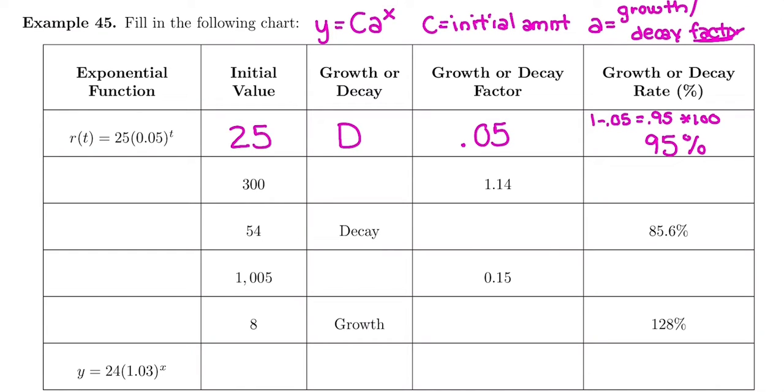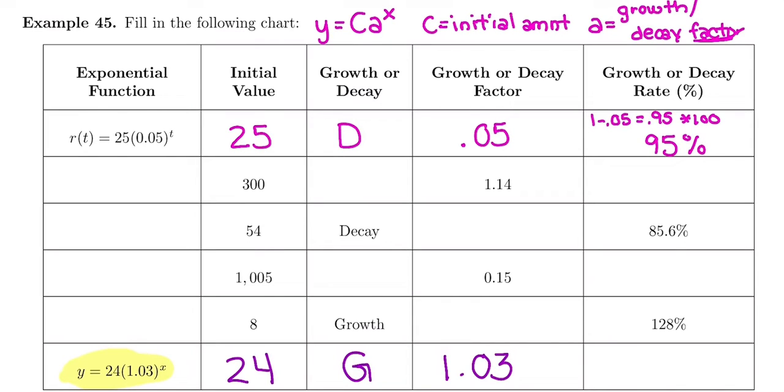I'm going to jump to this bottom one, which is set up very similarly. We have the formula given to us to start, so we just need to break it into pieces. The 24 is our initial value. Since we're multiplying by 1.03, that's a number bigger than 1, so that means we have some growth here. Our factor is 1.03, given right there for us. And we want to figure out what kind of growth this is.